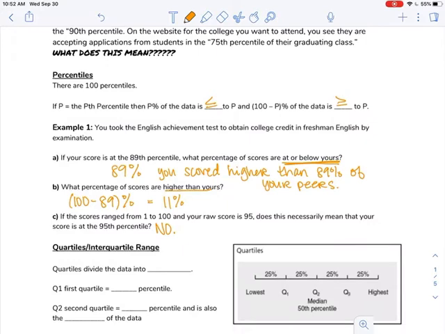It could be possible that you got 95, but most of the people got 98. So would you be at the 95th percentile? No. So I guess you have to take the other scores into account.